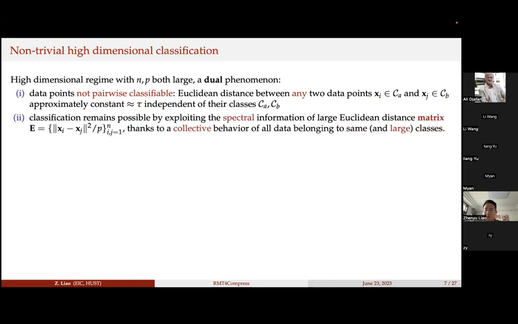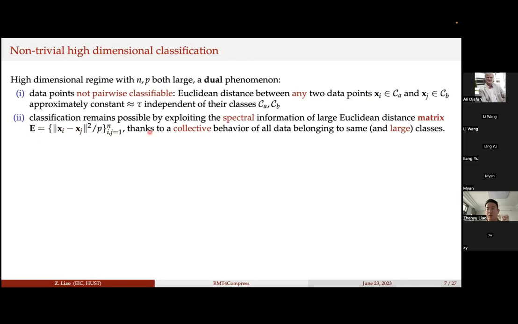However, if we collect a lot of data, so if we have n data points x1 to xn, and we try to collect all the information in a matrix, the so-called Euclidean distance matrix, which collects the Euclidean distance of two data points in its entries, we do something different.